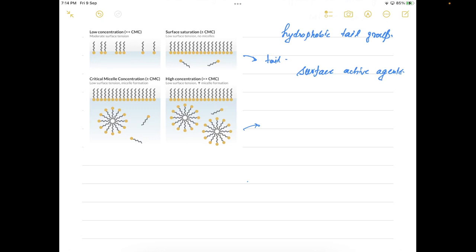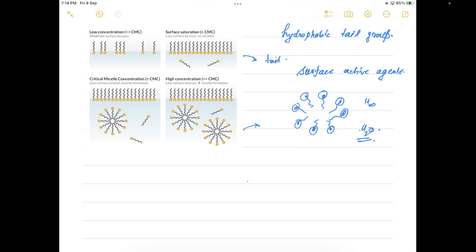All the hydrophilic head groups want to interact with the water molecules, so they are just outside of the micelle. These are water molecules outside.